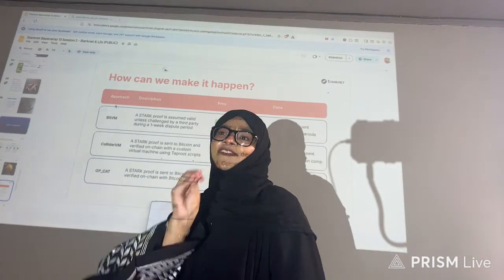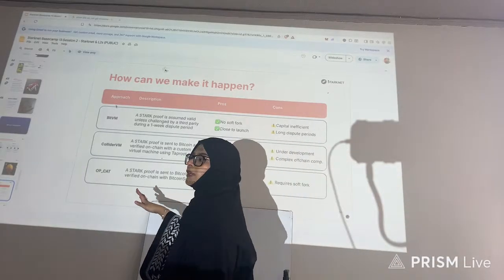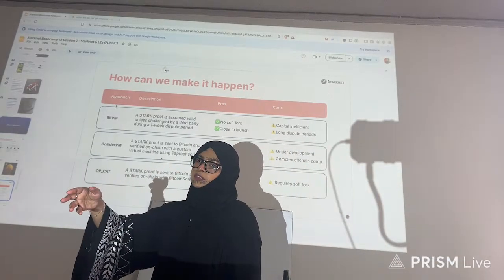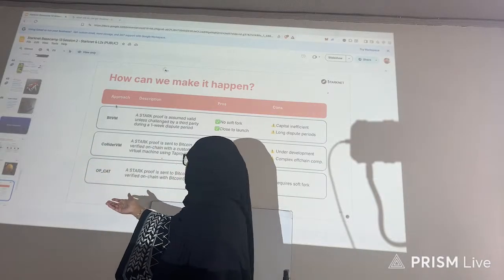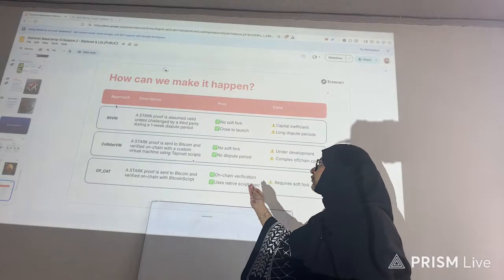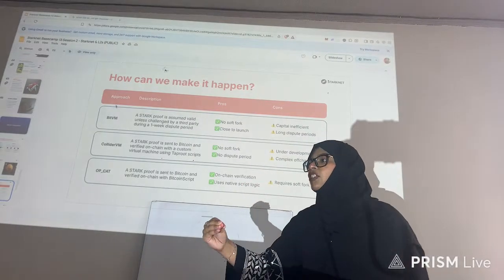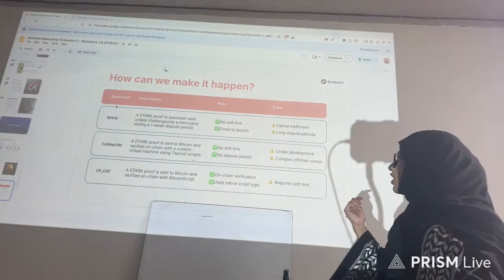So, like I said, my favorite way is the OpCat one because it's super simple. The moment the Bitcoin improvement proposal is approved and OpCat gets into the picture, it becomes very easy for Starknet to generate a Stark proof that is sent to Bitcoin and verified on chain with the Bitcoin script, right? It's on-chain verification.